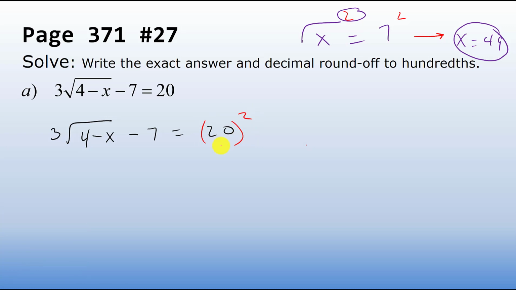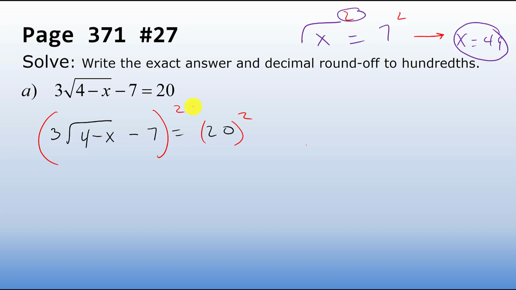And when we do the second power on the other side, it has to be on the whole side. You can't do second powers on pieces or individuals. It has to be on each side as a group.